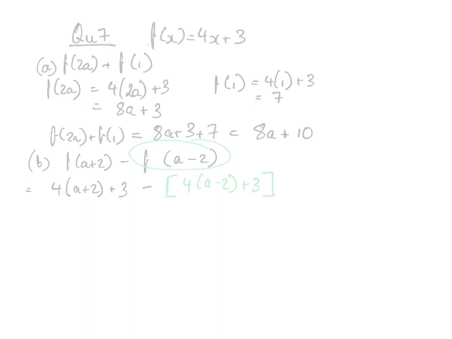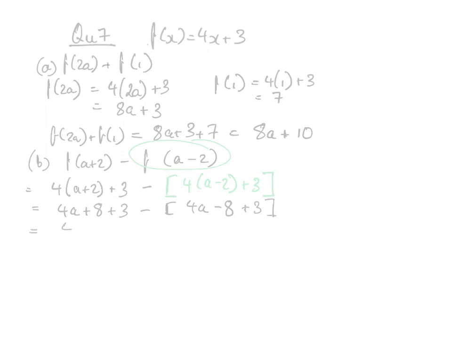Alright, so I get, expanding out my brackets, 4a plus 8 plus 3 on that side, minus, I'm still going to keep my square bracket, and I'm going to go 4 times a is 4a minus 8 plus 3. You can see I've got a bit of tidying up to do. Now just be careful.